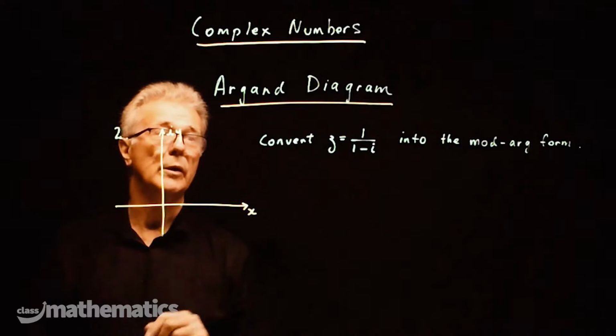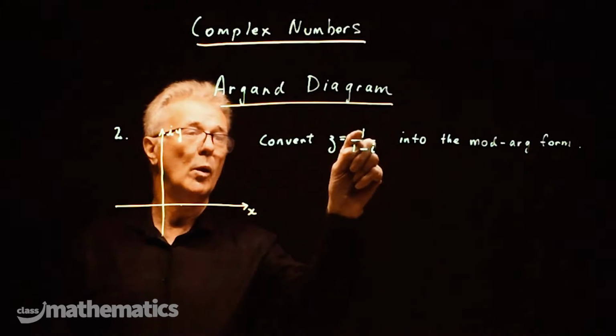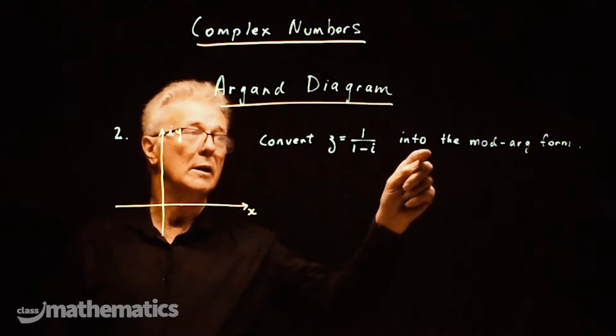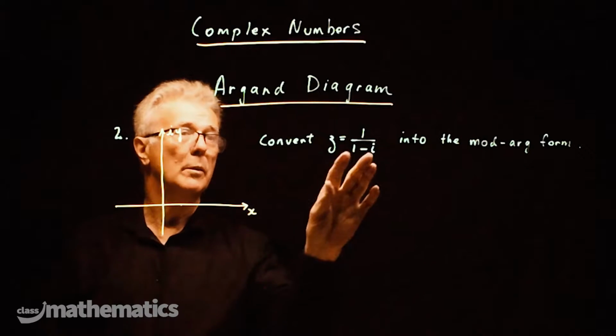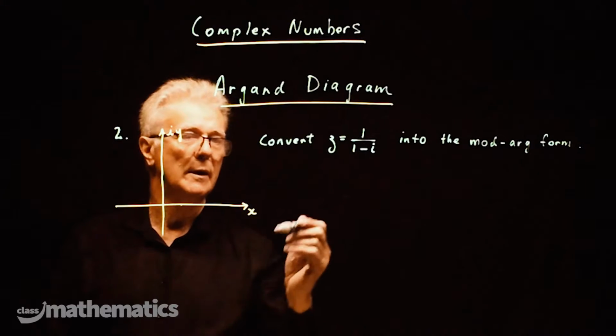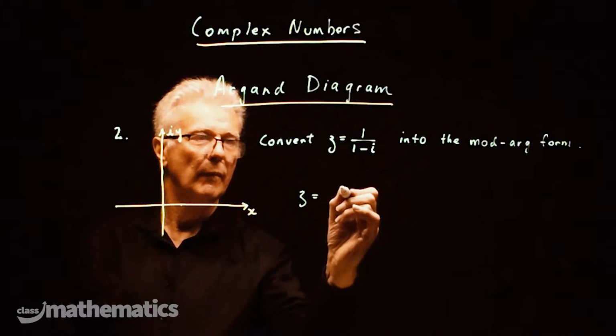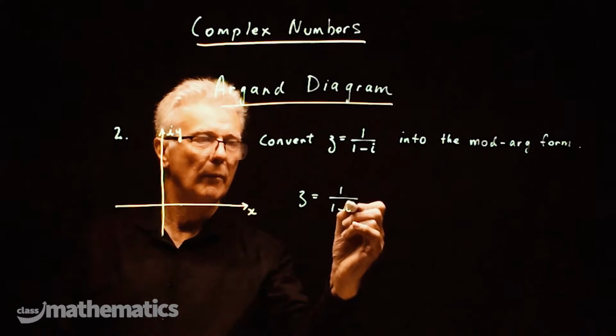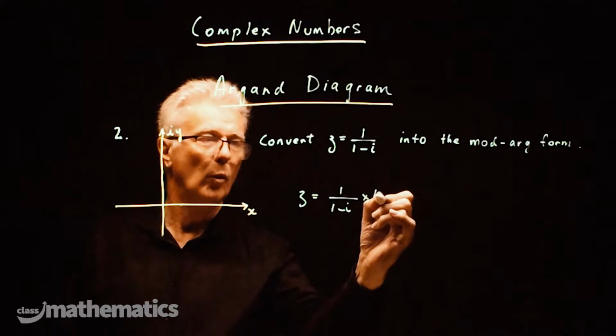Alright, number 2, we're going to convert z equals 1 over 1 minus i into the mod arg form. Now what we'll do here, first of all, we'll rearrange this by multiplying top and bottom by 1 plus i.